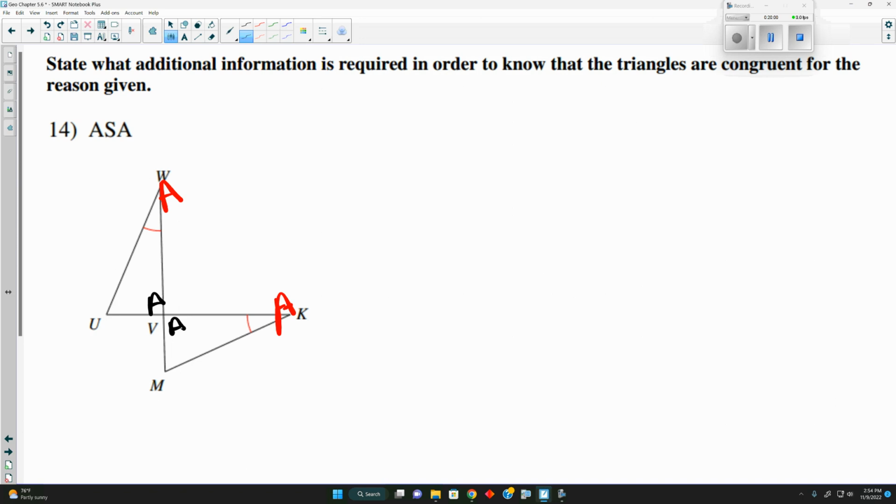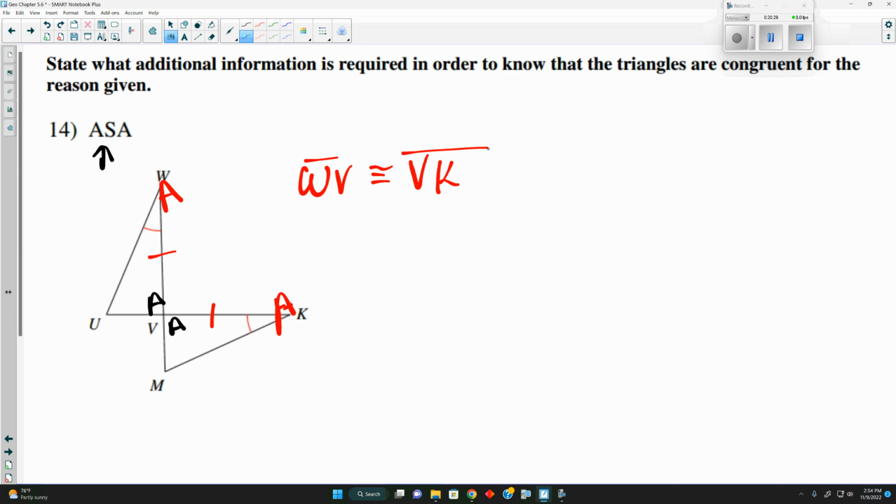So we have what? Angle, side, angle, yes? So we have the two angles, and where does the side need to be? Between the angles, yes? So, which would be WV is congruent to PK. Questions on this here?